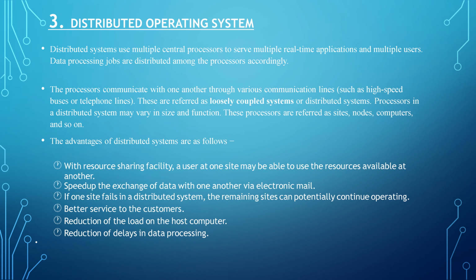Number 3, if one site fails in a distributed system, the remaining sites can potentially continue operating. Number 4, better data service to the customers. Number 5, reduction of load on host computers. Another one, reduction of delays in data processing. Those are some of the advantages of distributed system.